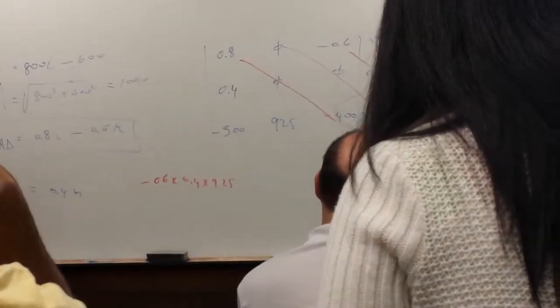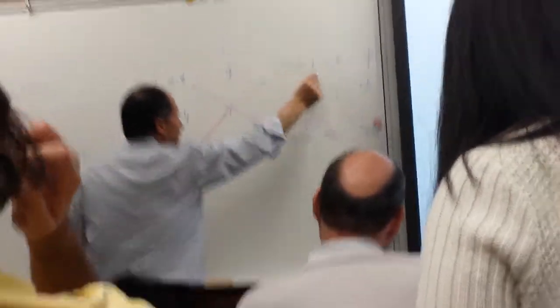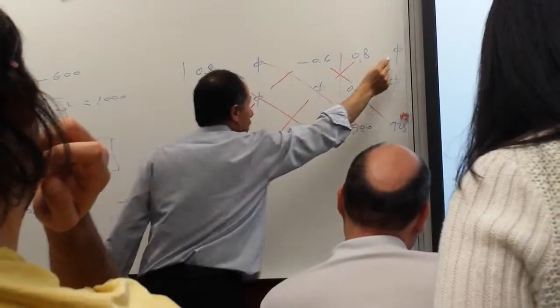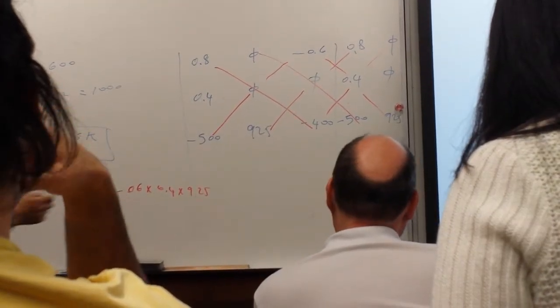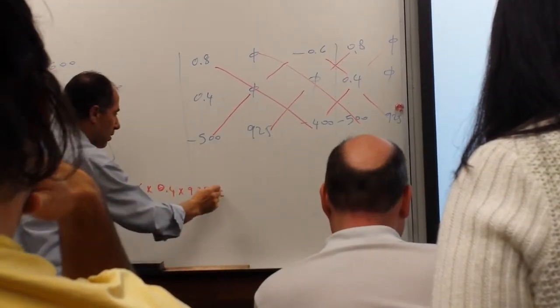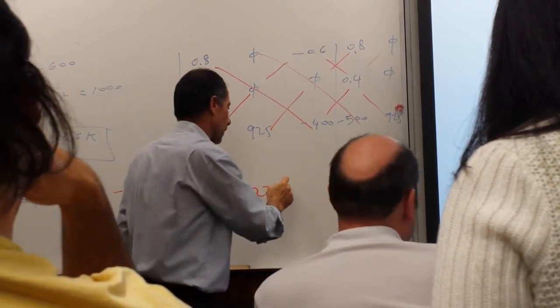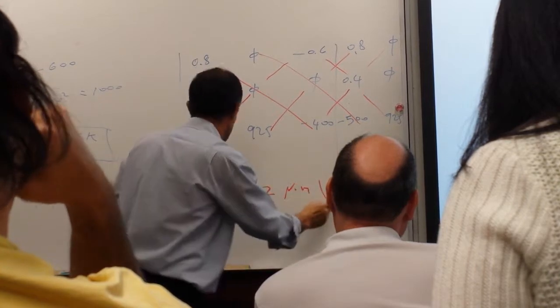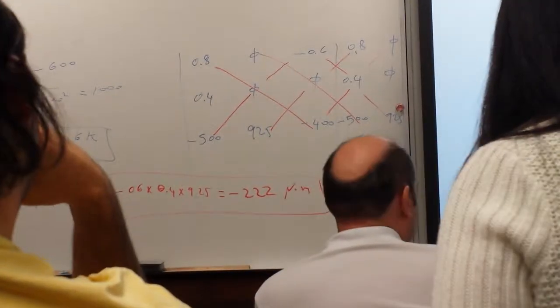Now everything after that is going to be negative. 0 here, 0 here, 0 here. Correct? What is the number in here? Negative 222. 222. And this is in Newton meter. This is the moment about that.